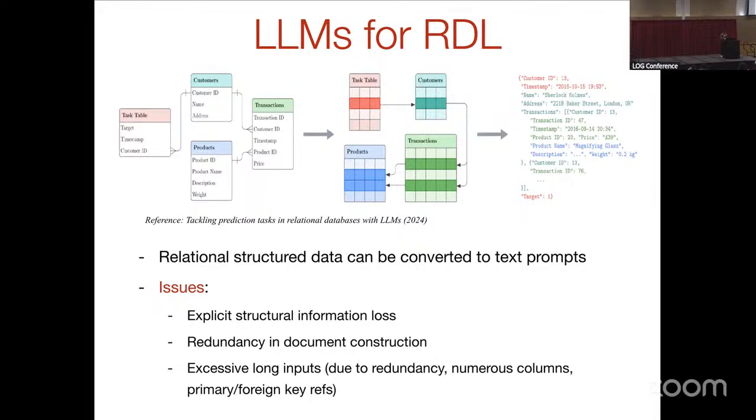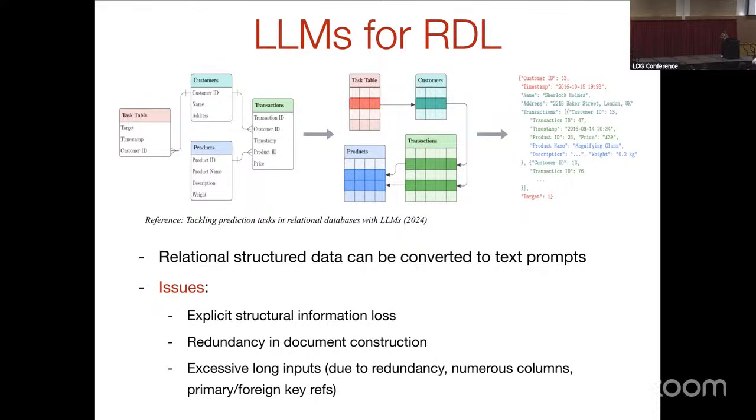For example, the token for timestamp is repeated for as many rows as it sees. If the rows have the attribute timestamp, it corresponds to certain tokens in LLMs and keeps getting repeated. In real-world cases, when a prompt represents, for example, 300 nodes, there will be a lot of repetition of certain words. So there's massive redundancy in these prompts, and as a result, we also get excessively long inputs.